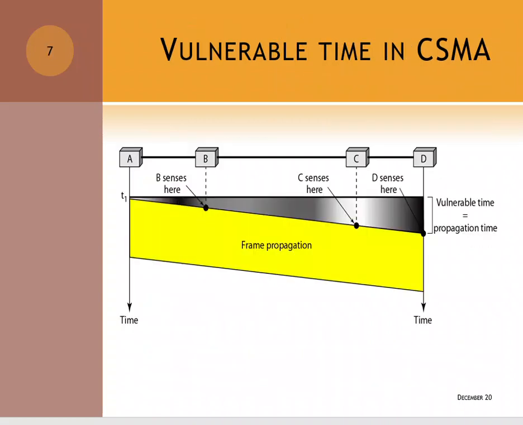Okay, so sini kita nampak vulnerable time in CSMA. Okay, katalah ni masa, garis vertikal ni adalah time. Katalah ada stesen A, B, C, D berkongsi satu link. Stesen A menghantar data, jadi satu bit contohnya, bit tu bergerak.